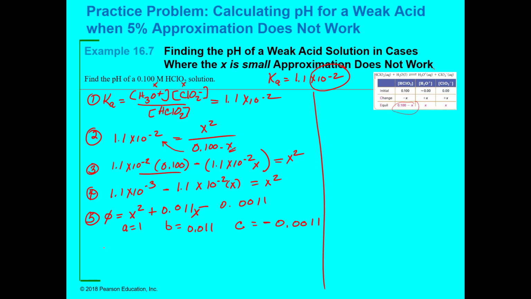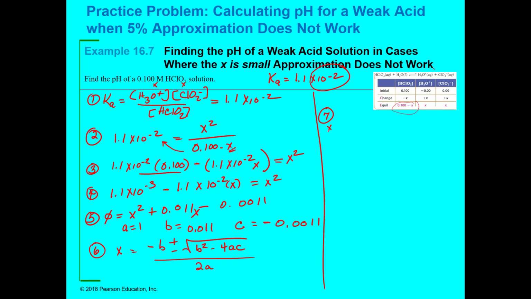And if you remember the quadratic, x is equal to negative b plus or minus the square root of b squared minus 4ac, all divided by 2a. So now I'm going to plug those in.